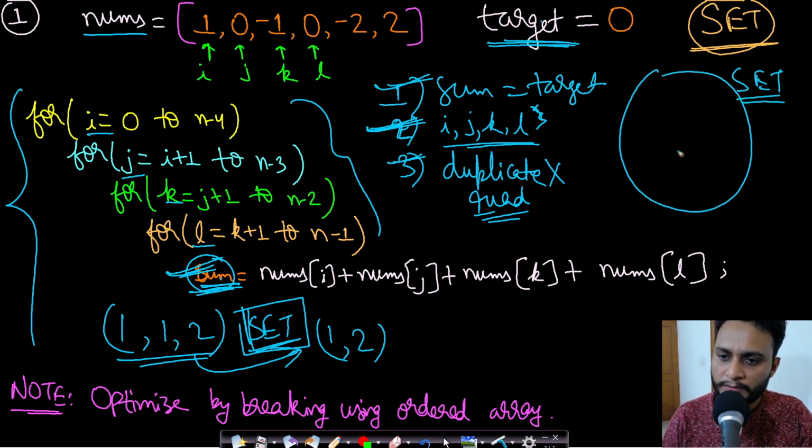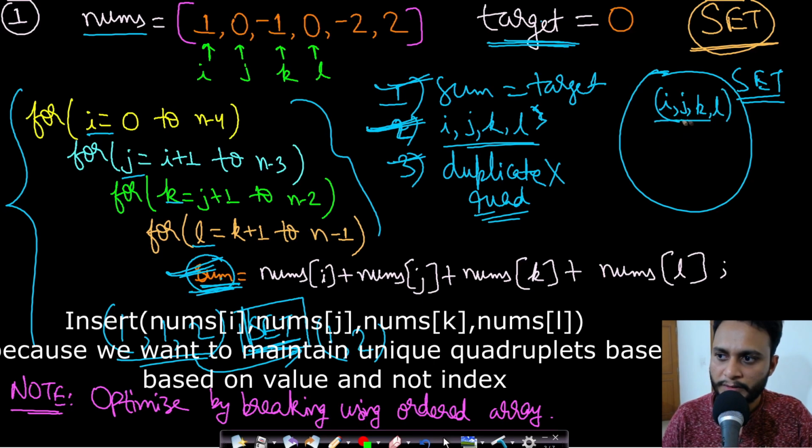Right? So what elements will we be storing in the set so that once a combination is stored, the next time when a duplicate comes, then we know exactly what we need to remove and what we need to keep. So for this reason, in the set actually we will be storing like this i, j, k, l, right? And we can also store the sum value.